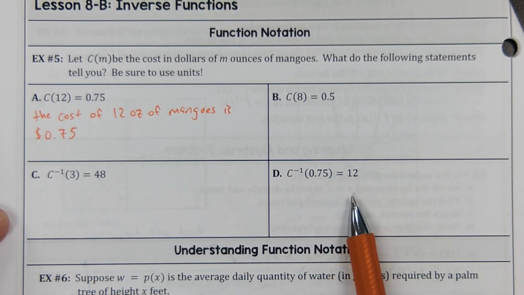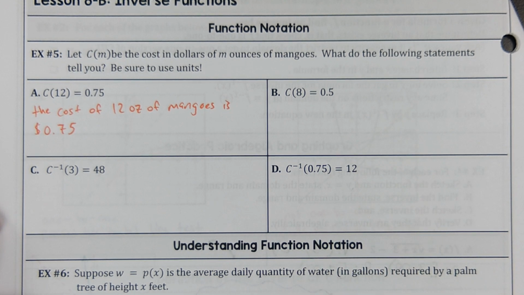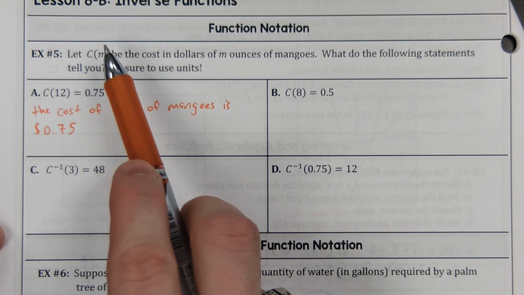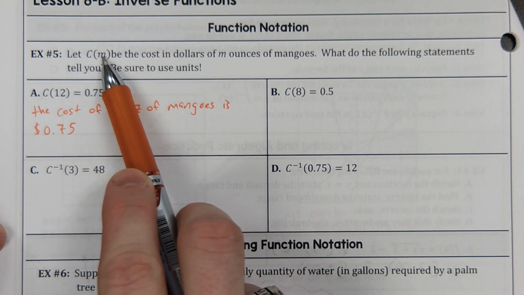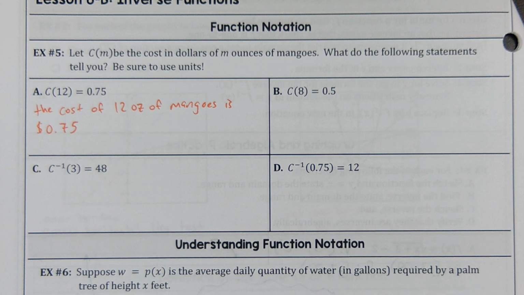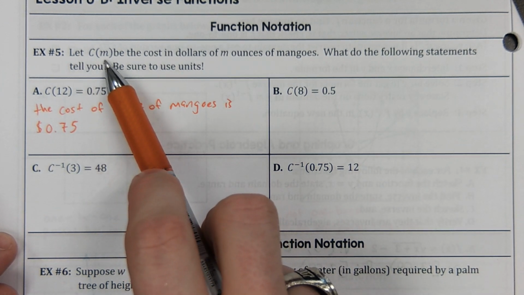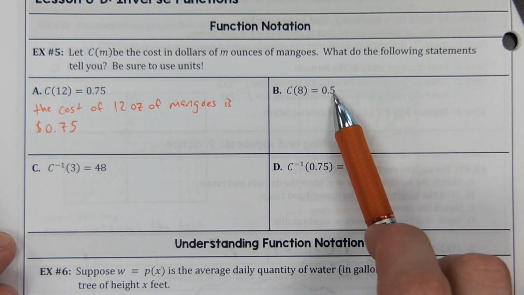Now, in examples C and D, we're not using function C. We're not using the cost of m ounces of mangoes. Instead, we're using C inverse. That means input and output have switched. So when we were talking about C of, our output was money.